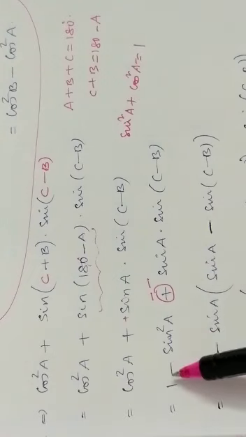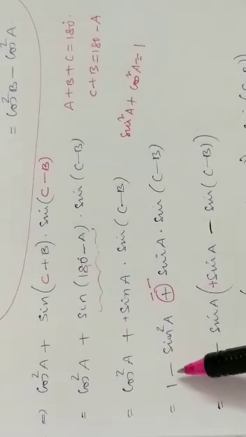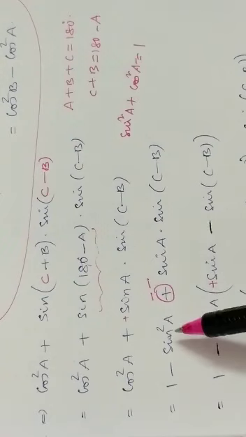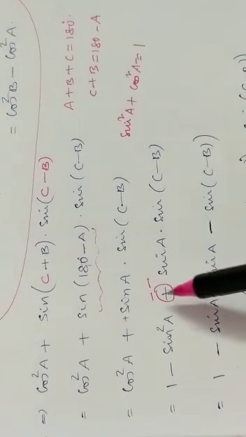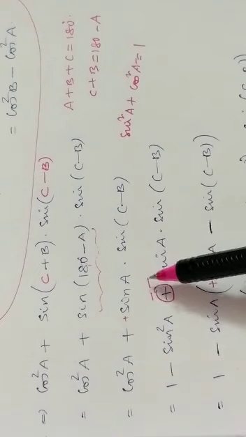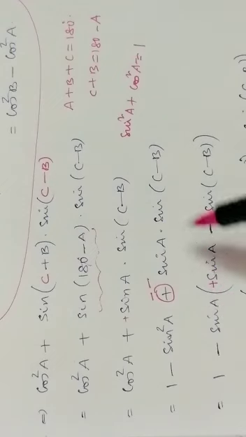If you take minus common, the remaining symbol is plus, because minus into plus is minus. Sin square A, one sin A is outside, remaining one more, so sin A. In these two minus symbols, one minus symbol is common, so the other is minus, sin A is outside as common, the remaining is sin C minus B.